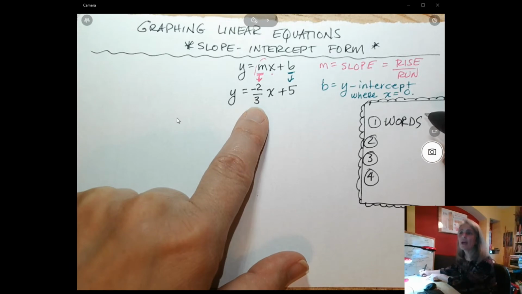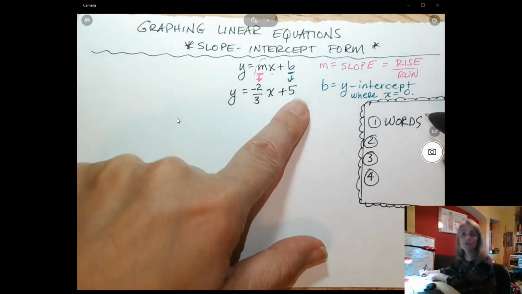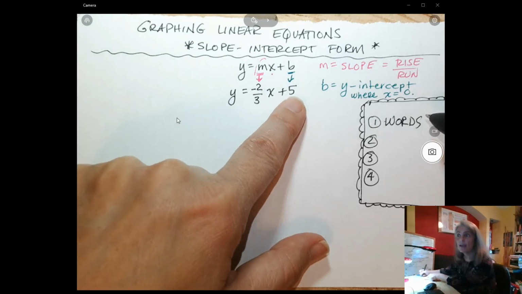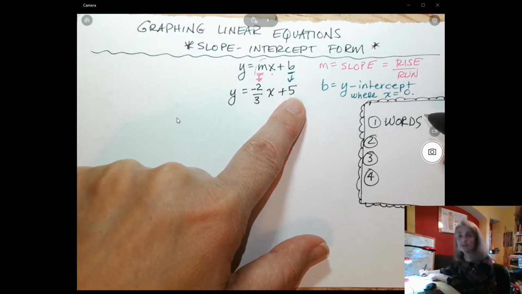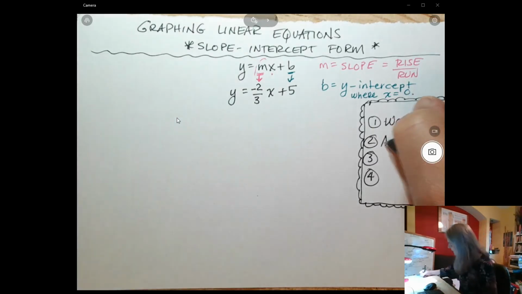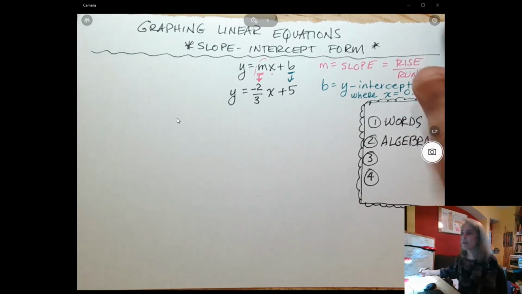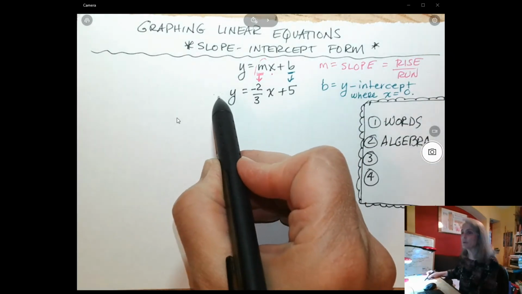I know that this function has a negative slope, so it has a negative rate of change, and it also pierces the y-axis at the point (0, 5). I can also use algebra, and that's what we were given: the algebraic equation. That's what this is right here.